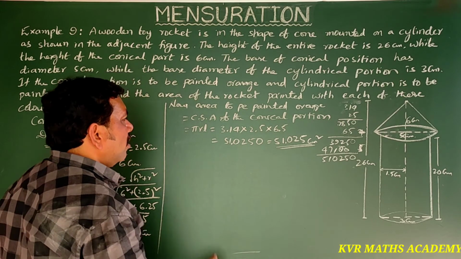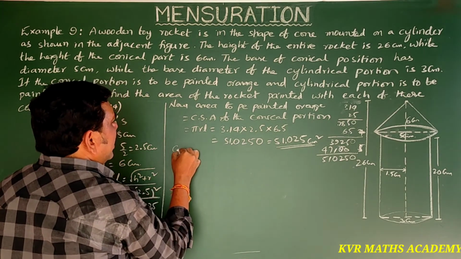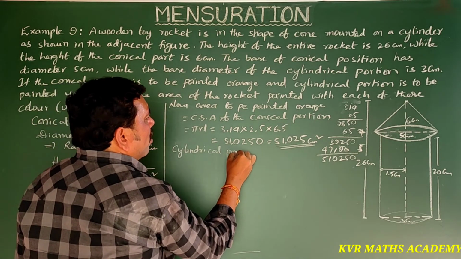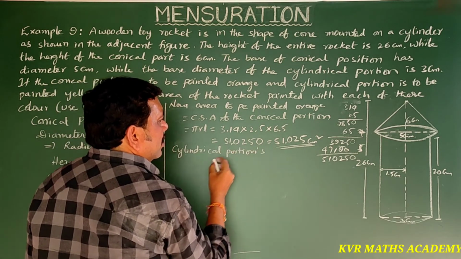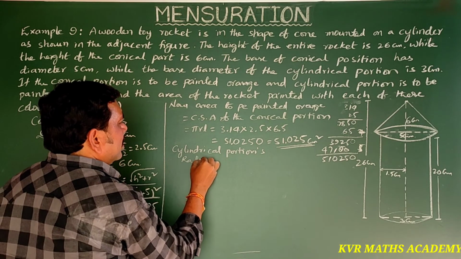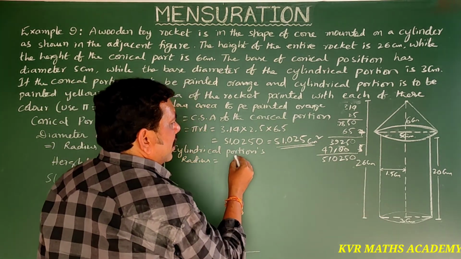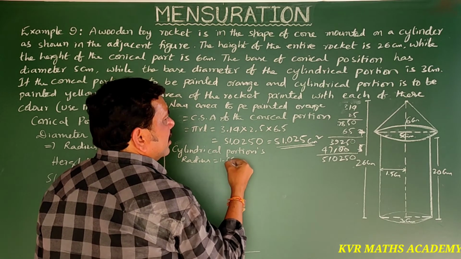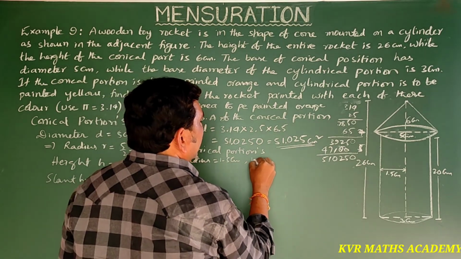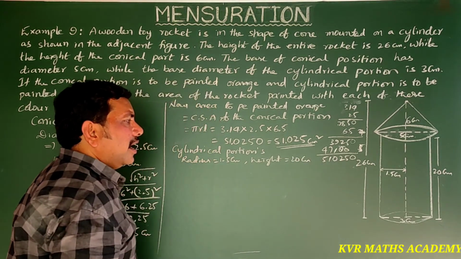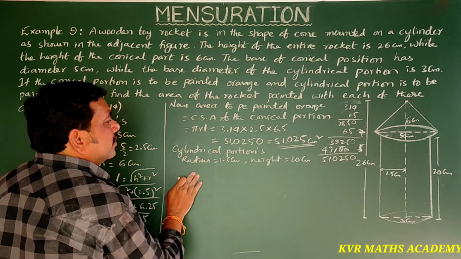Understood? Now the cylindrical portion. Radius is how much? Yes, 1.5 centimeters. Next, its height is 20 centimeters.